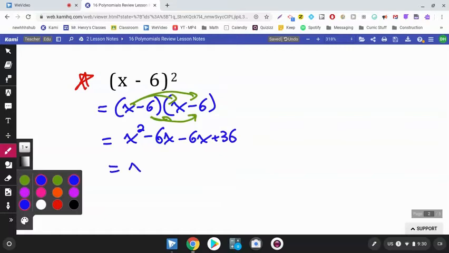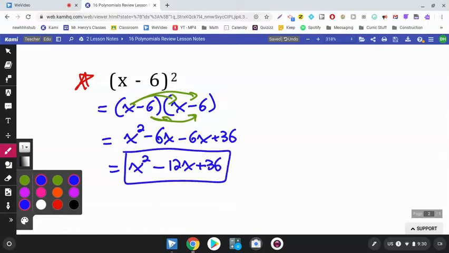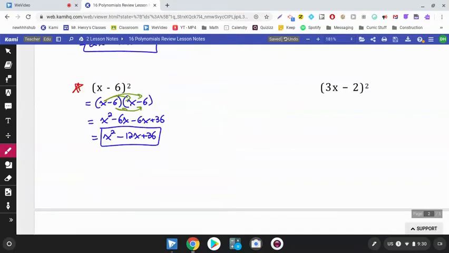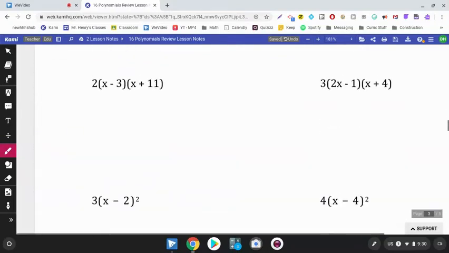So altogether, that would be x squared minus 12x plus 36. Okay, so just remembering, it's just a little trick, a binomial squared, I need to remember. Oh, I actually end up doing FOIL. Okay. What do I got next?